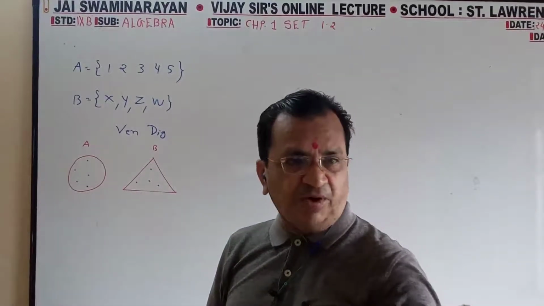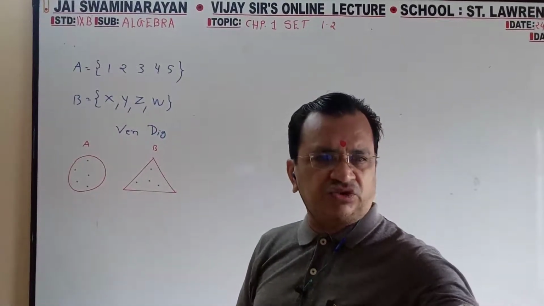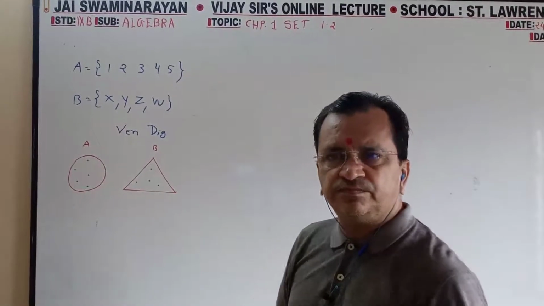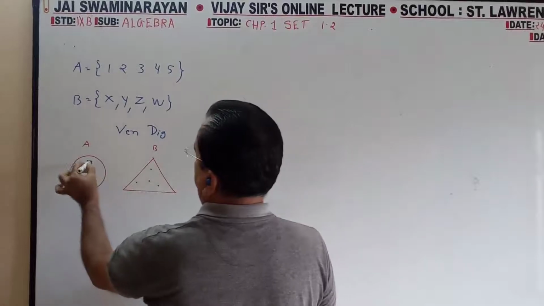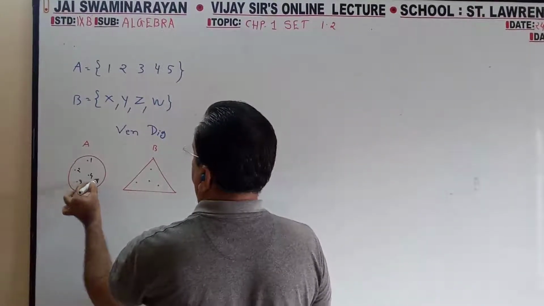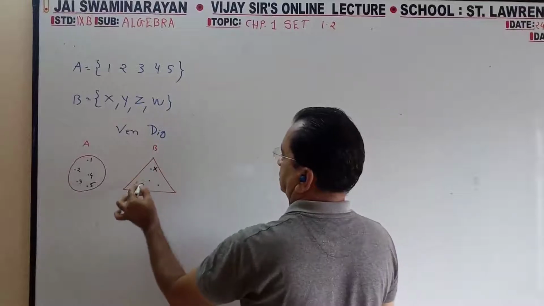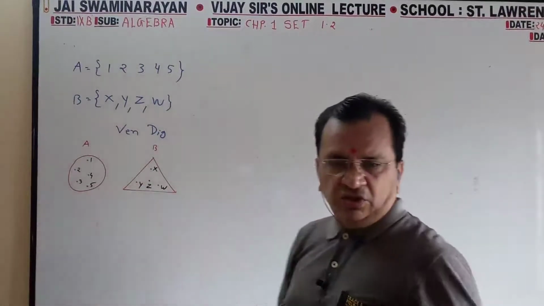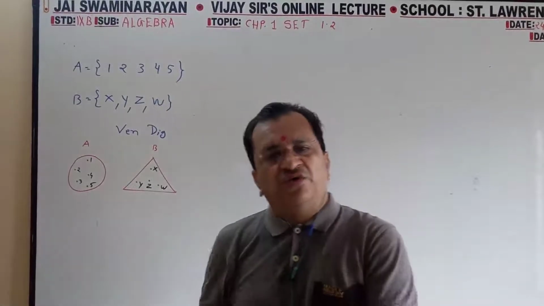Dot is very important, without that you can't show. Now the dots are for 1, 2, 3, 4, 5 and this is X, Y, Z, W. So this is your Venn diagram.